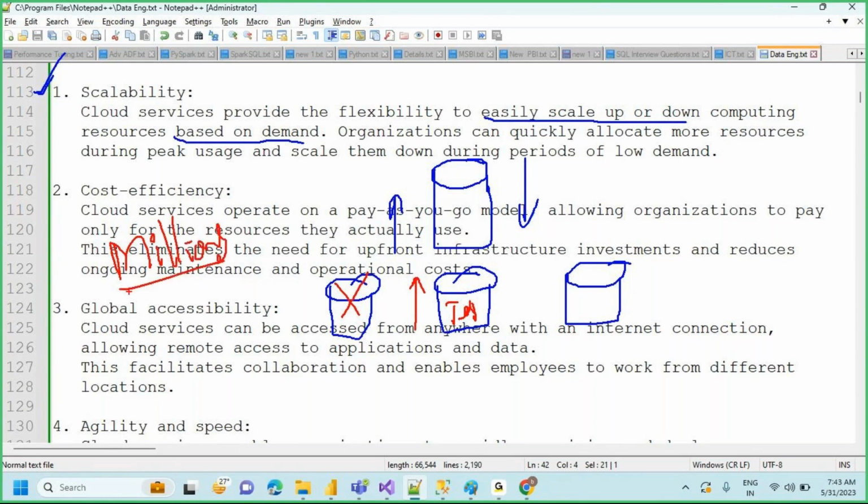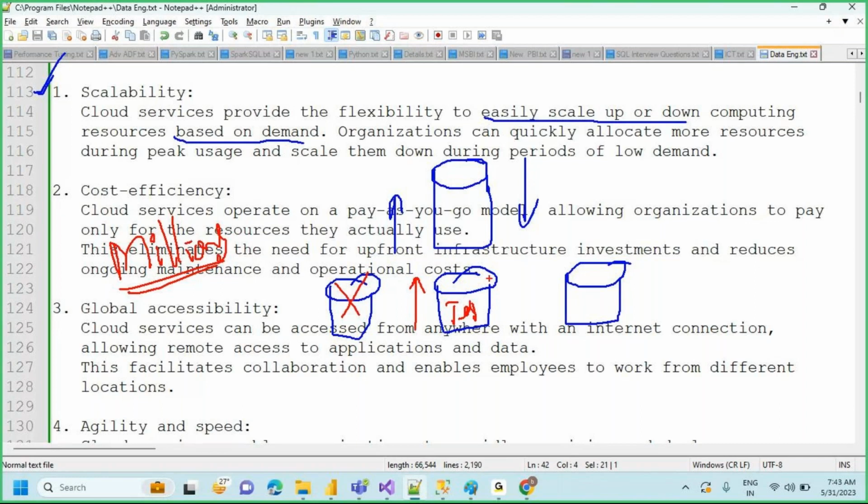I'll talk about this in more detail when I talk about databases with Azure. So when we go for testing, only then do we increase the compute power. How we can increase it, I'll show you practically.